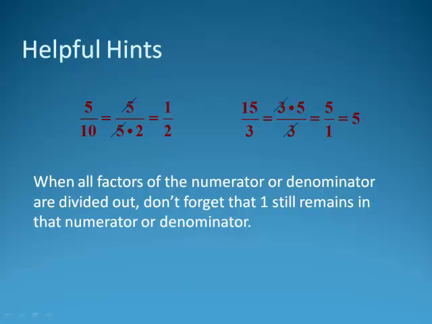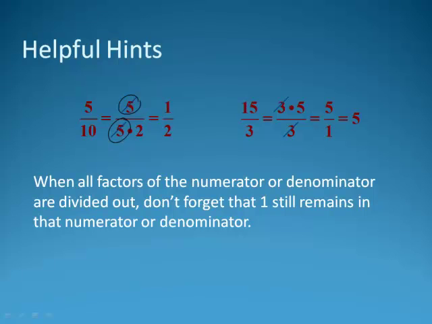Helpful hint. Notice that when you are taking fractions and you are reducing them, if everything reduces out, for example, if you look at this example here, notice that we had a pair of 5s that we could cancel out using that prime factorization method. If everything cancels out, often students think that they can just ignore that numerator or that denominator, or sometimes they even try to put a 0 in there.